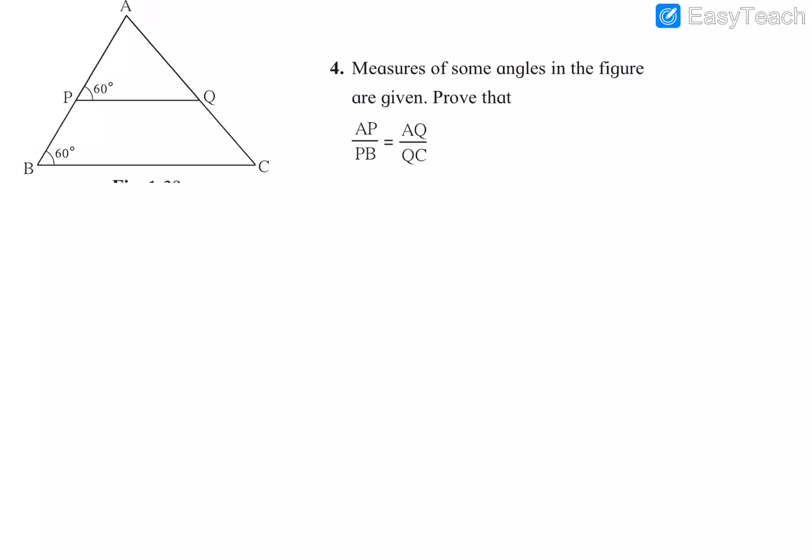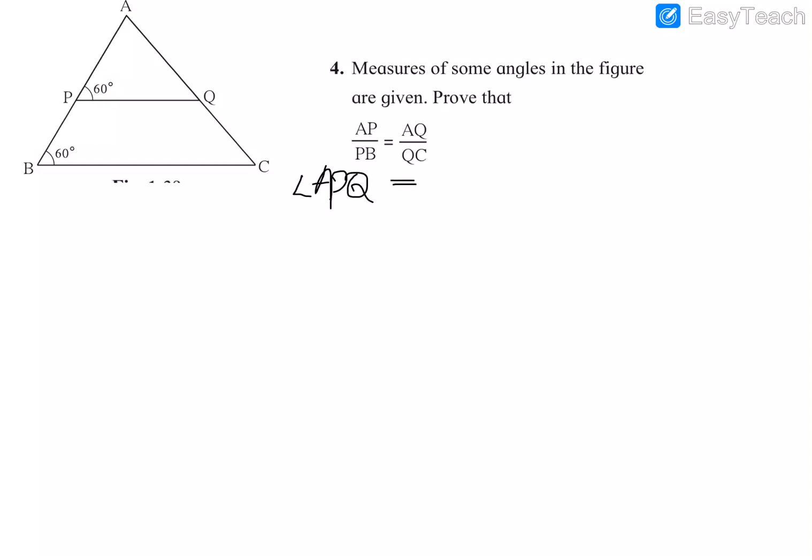So the ratio between the two sides are equal, that is AP by PB is equal to AQ by QC.